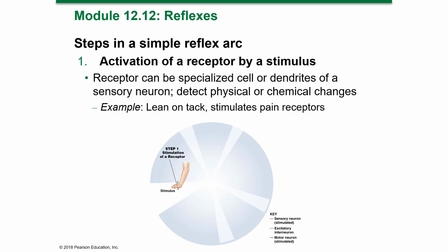So in this specific example, we'll talk about the first step here, which is going to be the activation of a receptor by a stimulus. We'll use a painful stimulus in this point here. Leaning on a tack stimulates the pain receptors. We can also talk about stepping on a Lego, if that is going to be our new stimulus. So we have some sort of painful stimulus activating the initial part of our reflex.